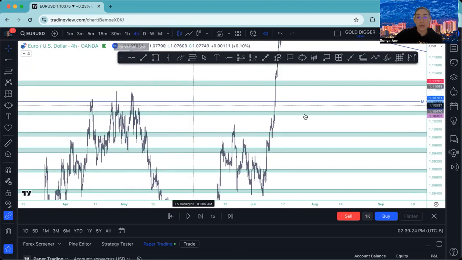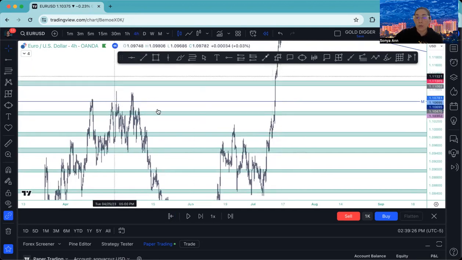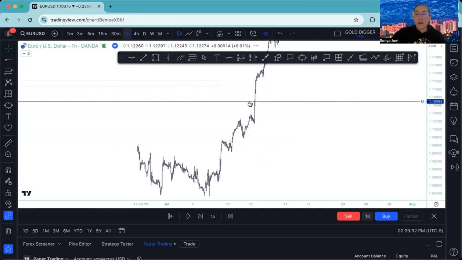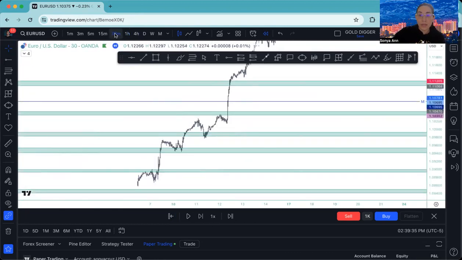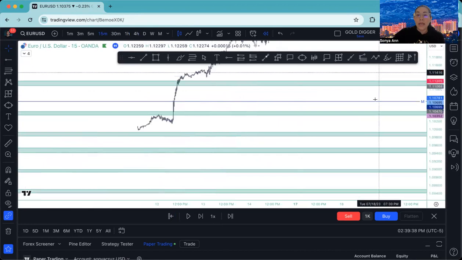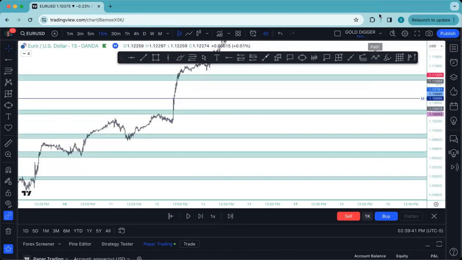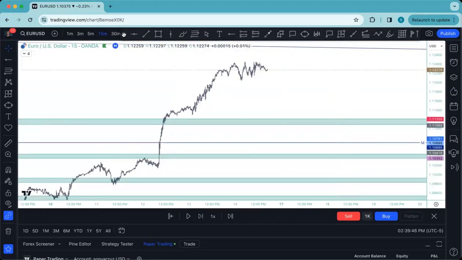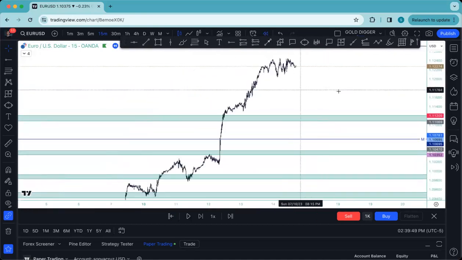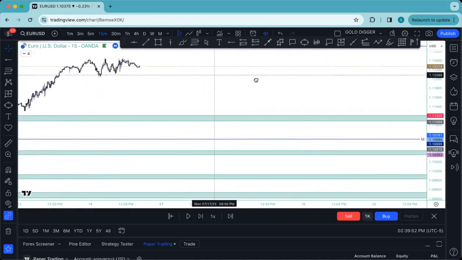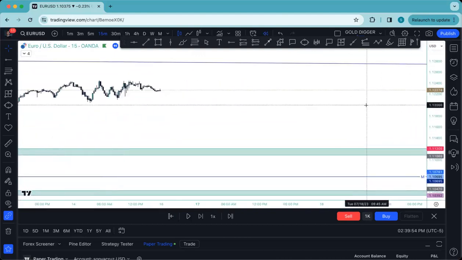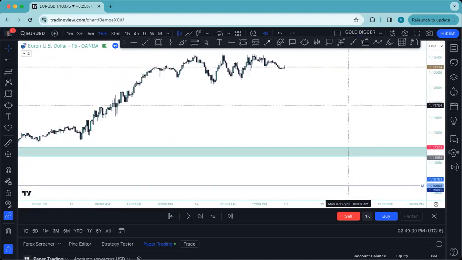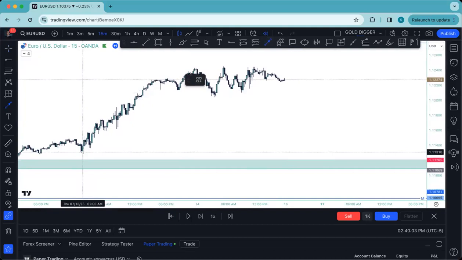So if you're on the 4-hour, you can mark up on the 4-hour right there, do all that jazz, go down to the 1-hour, mark up on the 1-hour, go down to the 30-minute, go down to the 15-minute, and then move this back up. And so we know right here, this is how you back test.